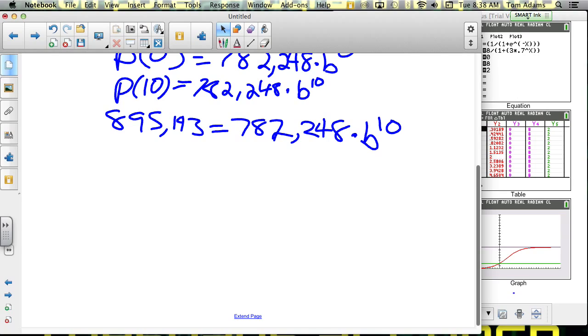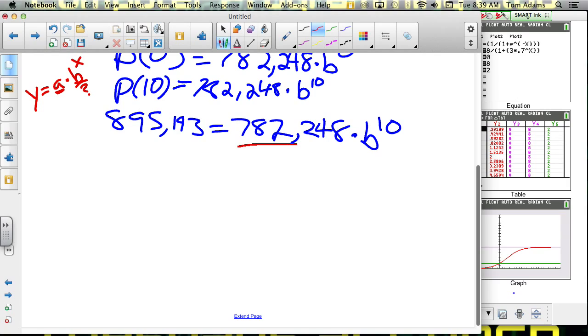B, because that's all I need. I know what my initial condition is, which is the y-intercept. That's why we've been talking about the y-intercept. That's the initial condition. And then what I need to do is figure out what b is, right? Because my goal is I want y equals a times b raised to the x. Well, I know what a is. I don't know what b is yet.